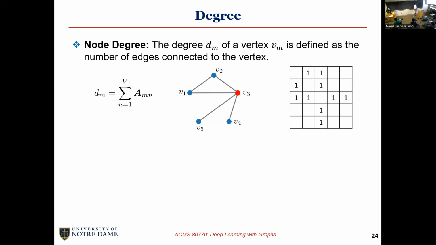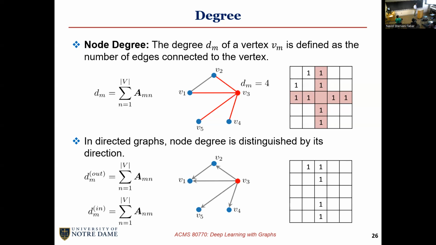When we are looking at the edges that are connected with 3, we are representing that with 1. So if we look at the 3rd row or 3rd column, because it's an undirected graph here, if we sum all these values, it's going to be your degree. It's going to give you the number of edges that are connected with that node.